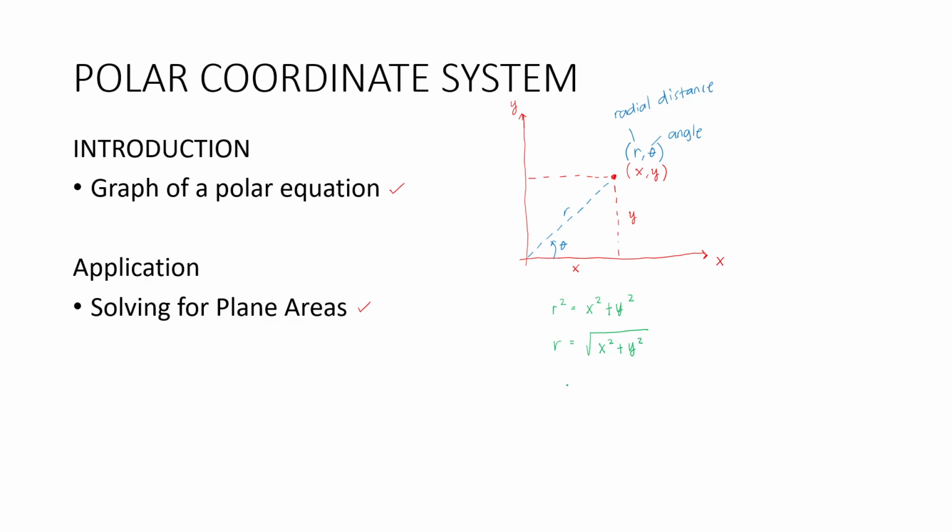If you want to look for the angle, use the trigonometric function tangent. Tangent theta gives you y over x, and isolating theta, this gives us arctangent of y over x.